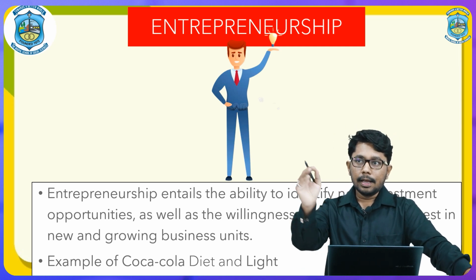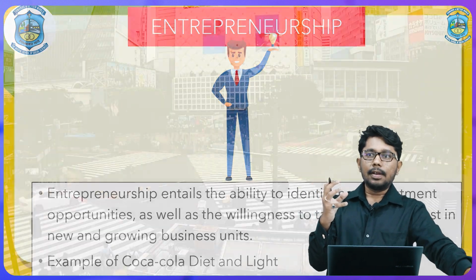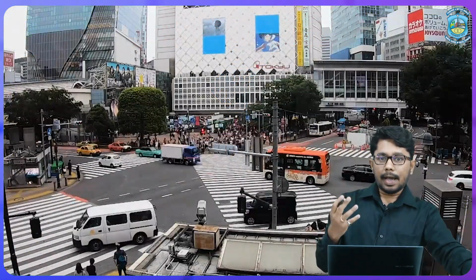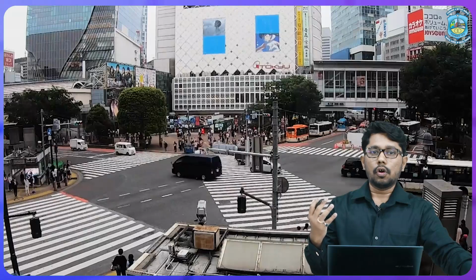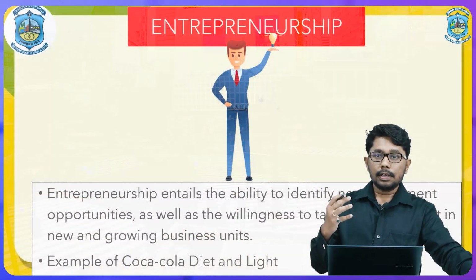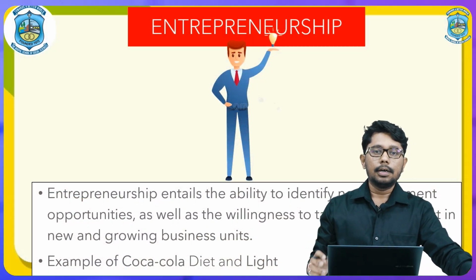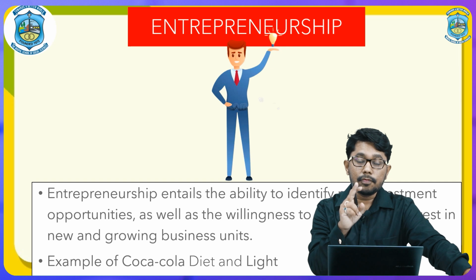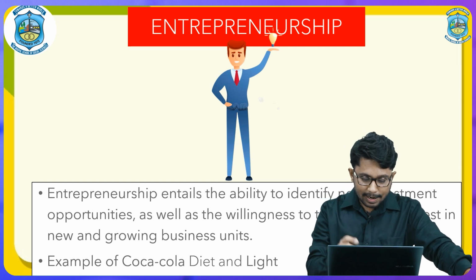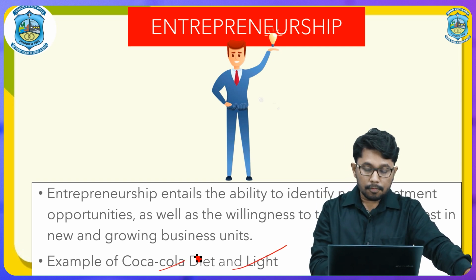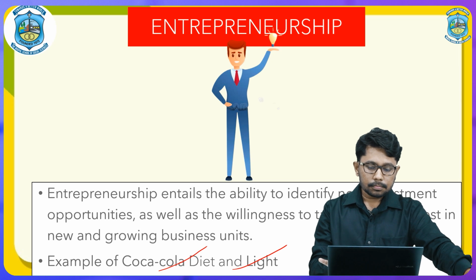So the Coca-Cola company did research in Japan on why Coca-Cola Diet was having huge losses, and they observed that people were concerned about this word diet. So they replaced the word diet with light. That's how entrepreneurship worked very well.